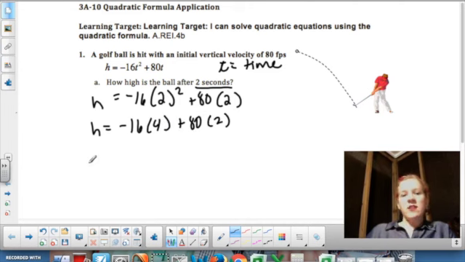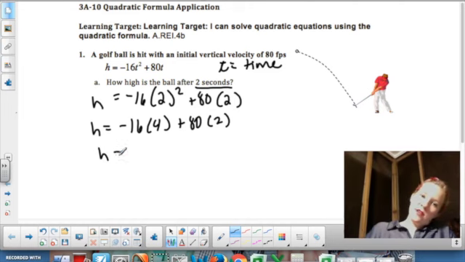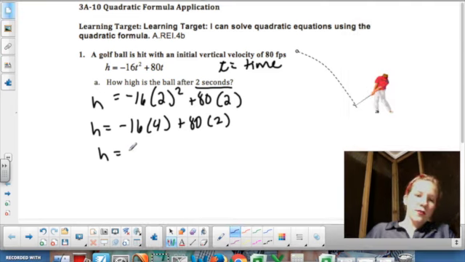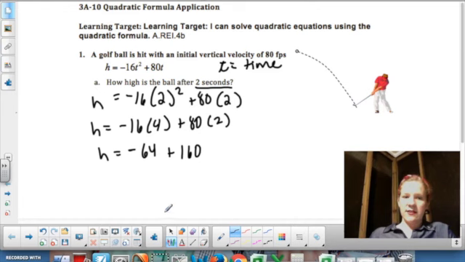And now I'm ready to move on to multiplication and division. Negative 16 times 4 is, I believe, 64, but let's just make sure. Okay, so negative 64, and 80 times 2 is 160.